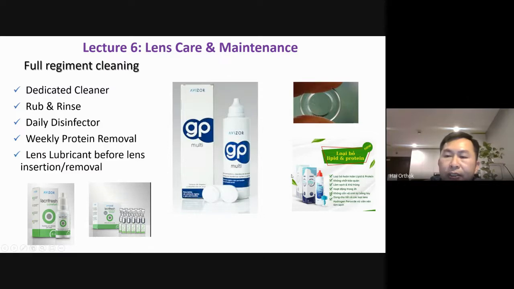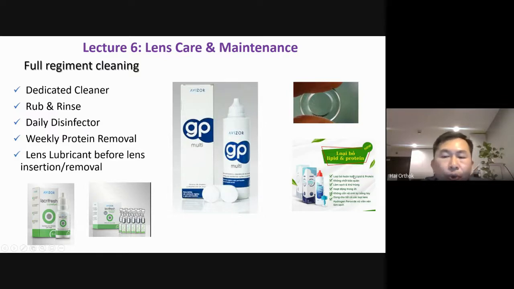Another solution you can use to clean the lens is hydrogen peroxide 3%. Everclean Plus also has a lipid and protein remover. It really helps to remove very fine small particles that stick on the lens, compared to the GB Multi. So it's very good for you to use the Everclean Plus too. So the patient can choose one of the two.